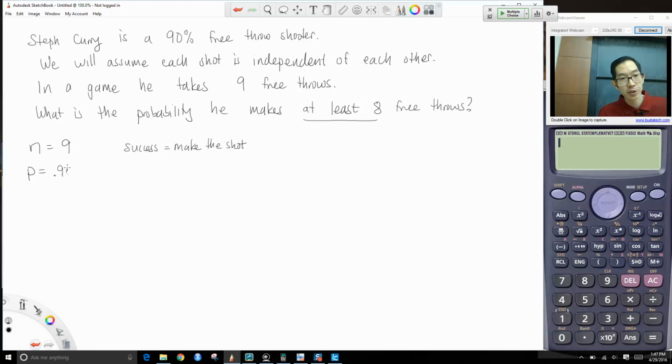Free throw shooting is 90%. And what is the number of successes X that we are interested in? It says at least 8, so our X will be 8 or 9. So we're gonna go N is 9, P is 0.9, X is 8 or 9, okay? So far, so good?